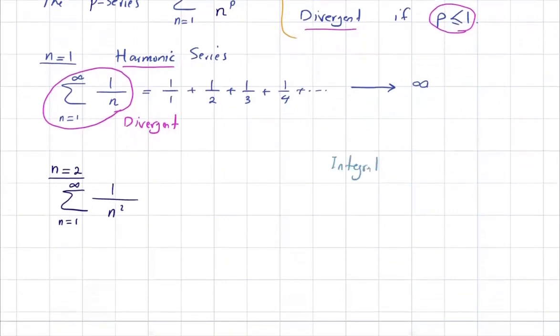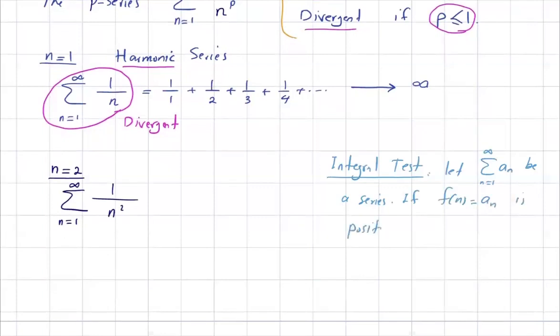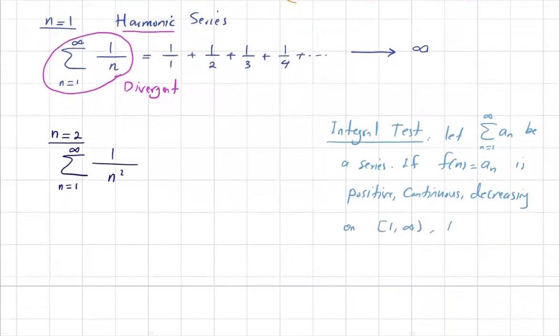In the integral test, we had the following scenario. Let sigma a_n, n starts from 1, goes to infinity, be a series. If f of n, or a_n, is positive, continuous, decreasing on the interval 1 to infinity, then we have the following scenario.